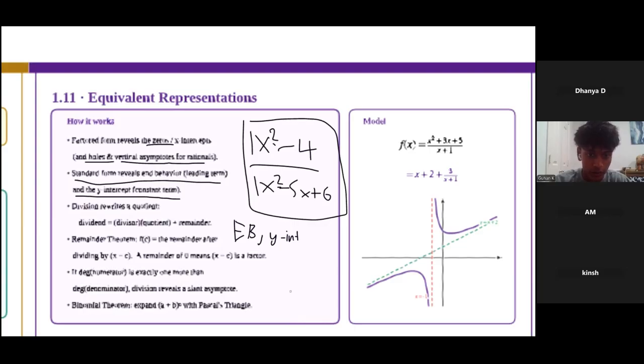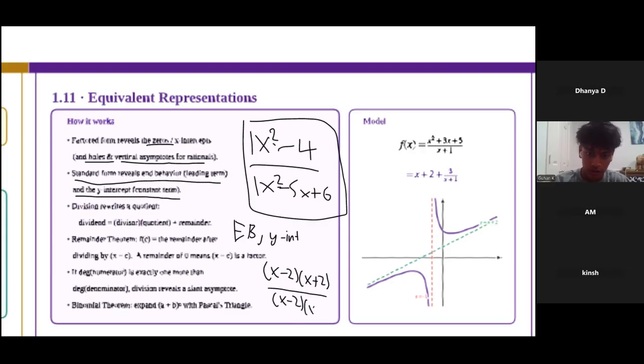If we factor on top and bottom, the top is a difference of squares, so it's x minus 2 times x plus 2. And then the bottom is going to be x minus 2 times x minus 3.